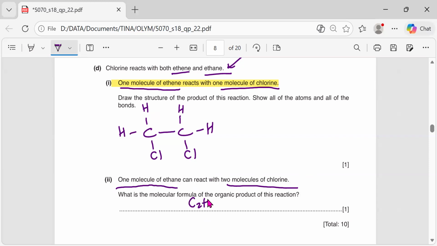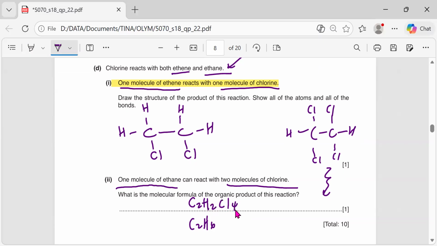C2H, okay, supposed to be C2H6, right? But it reacts with, so C2H2Cl4. Get it? This one you have to think out of the box a bit.